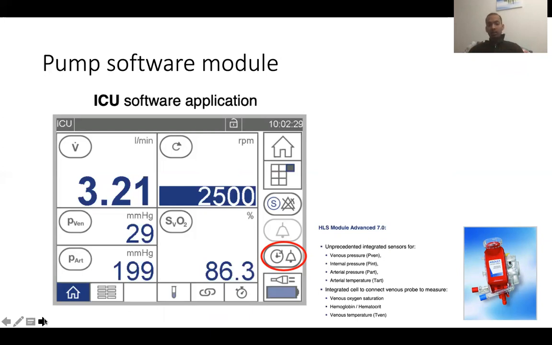You can also see the negative pressure on the venous side and on the arterial side, and you can continuously monitor them. The PVEN and PART are measurements of partial pressures, and the venous sat.